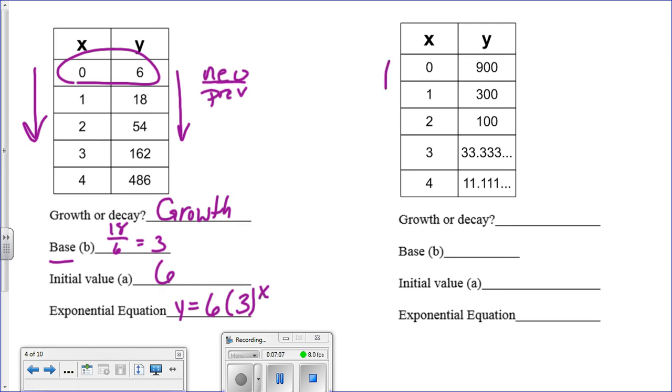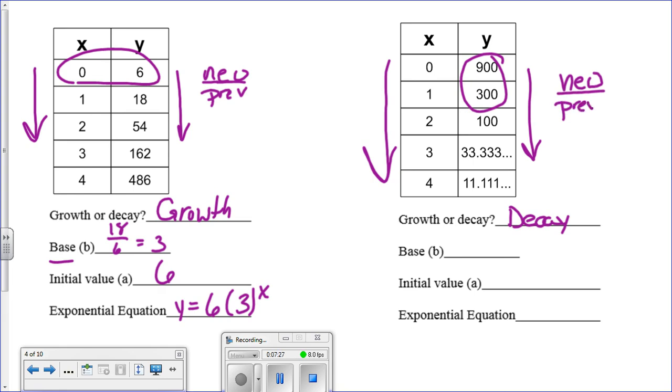Let's take a look at this one. As x gets large, y gets smaller. This would be decay. Okay, my base. Take any two output values that are consecutive, and we're going to do new over previous.